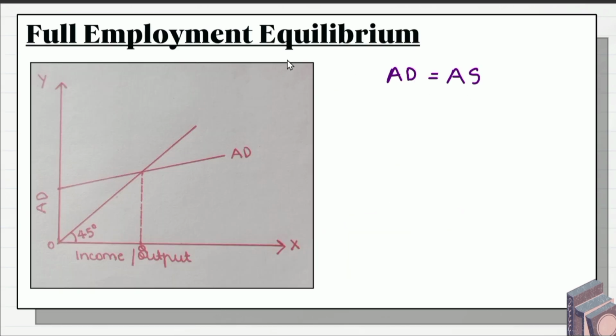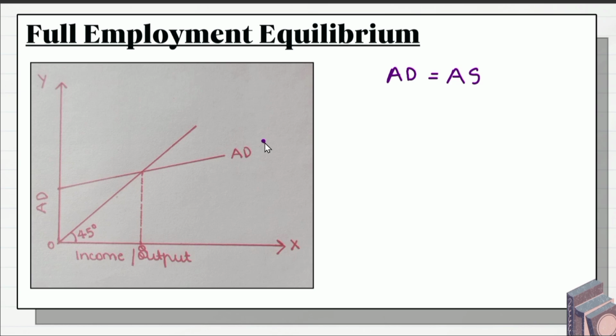So equilibrium is AD equal to AS, and full employment means there is no involuntary unemployment, which means resources are fully utilized. So in the graph we can see that along x-axis we have measured income, or you can say output, and along y-axis we have measured aggregate demand.